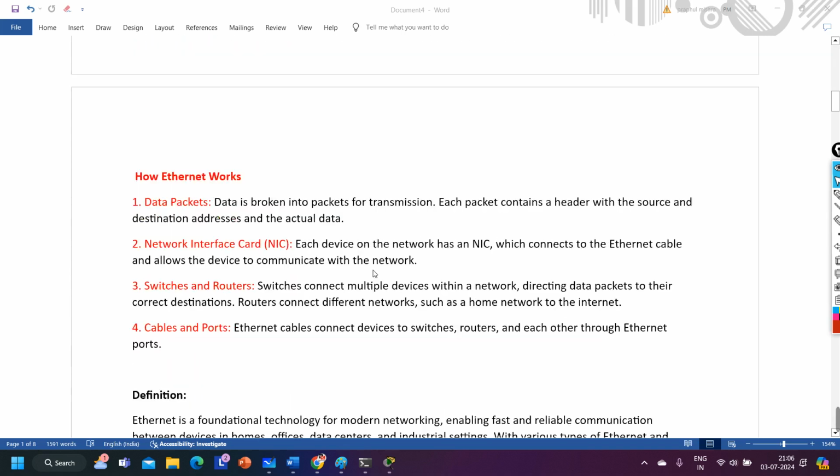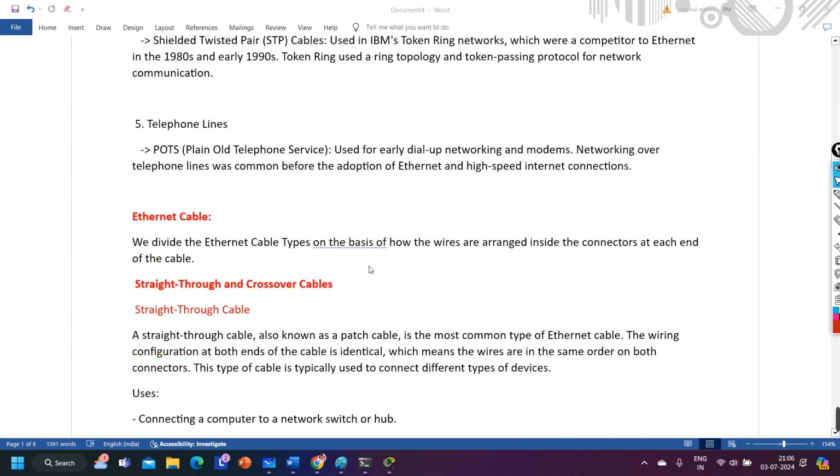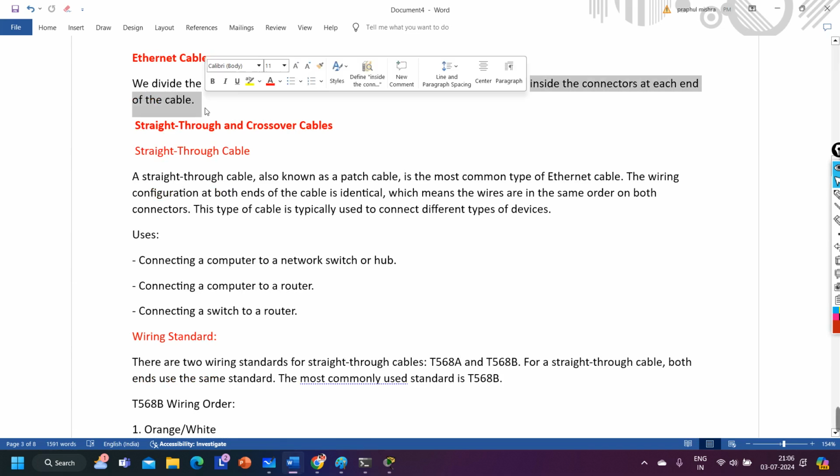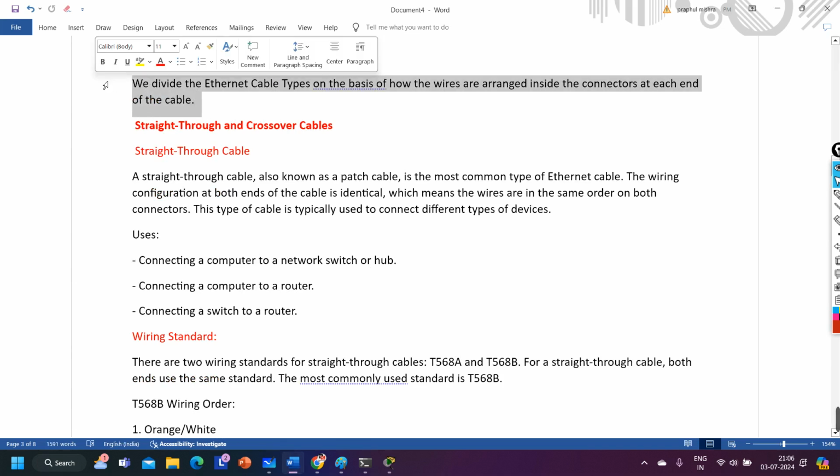Straight through. Yes, Ethernet cable. We divide Ethernet cable types on the basis of how the wires are arranged inside the connector at each end of the cable. Clear?